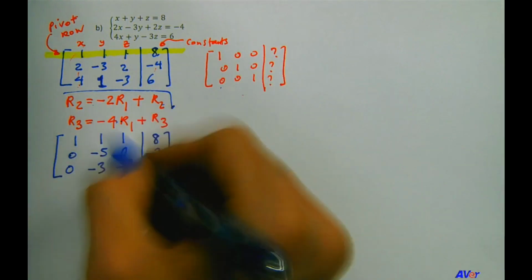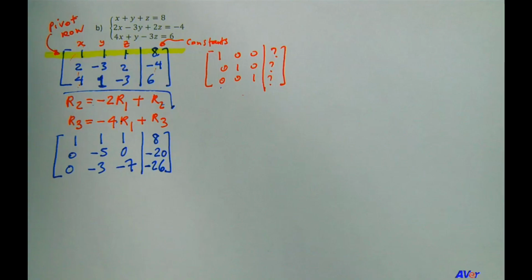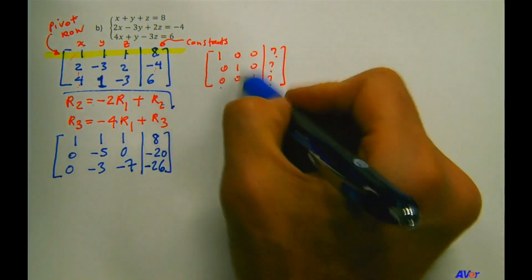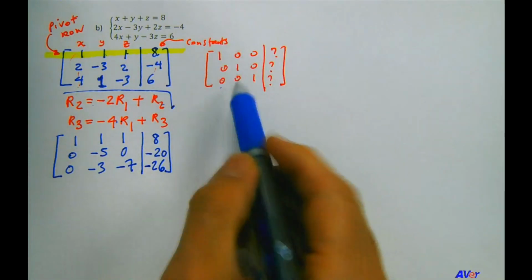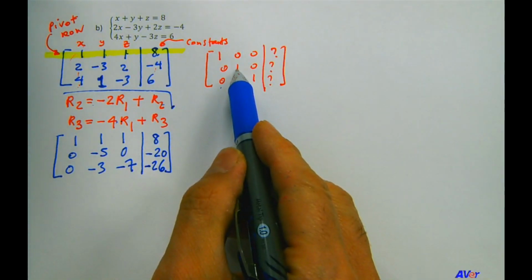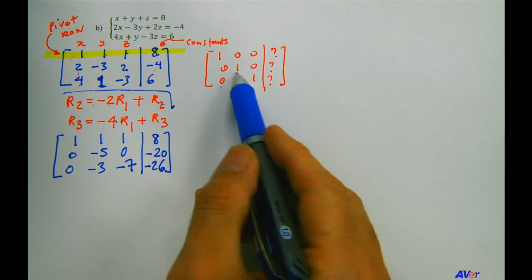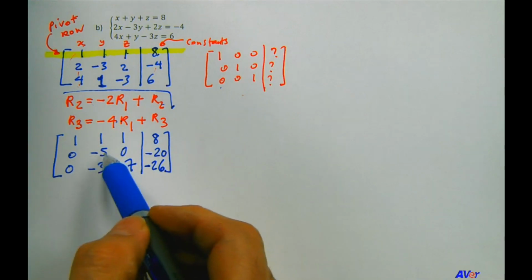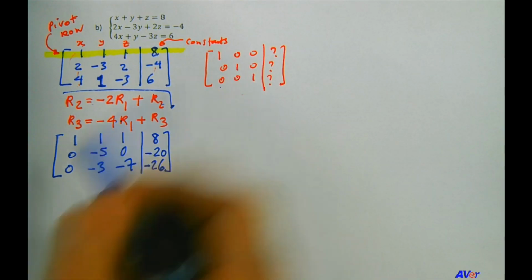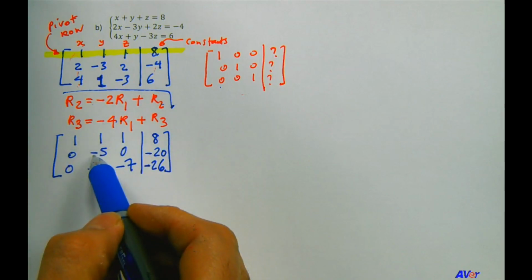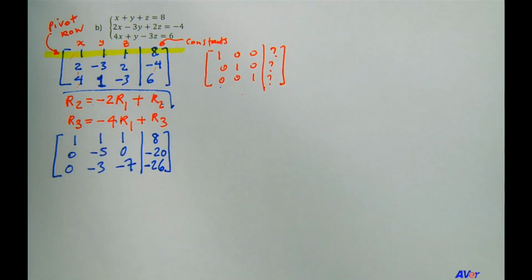So in this second column, the first thing we must do is, before worrying about this 0 and this 0, we must first obtain this 1. Okay? So how are we going to obtain a 1 when we have negative 5 there?